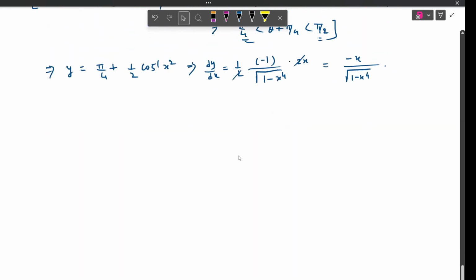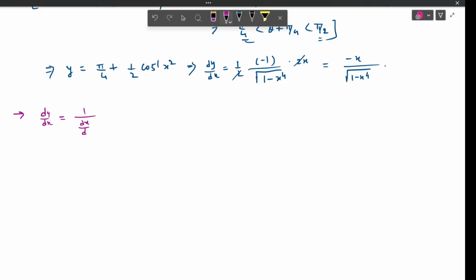Now if we move forward to our next topic, then remember this dy by dx, we can write it as 1 by dx by dy. Now our next topic is differentiation of implicit function.